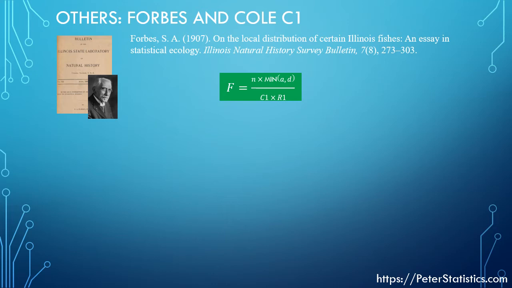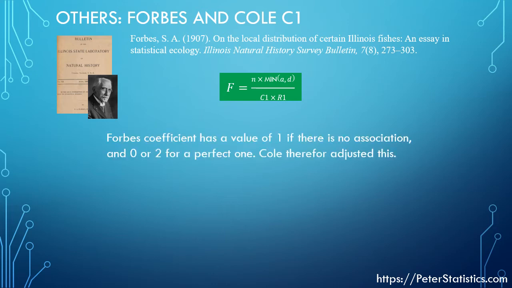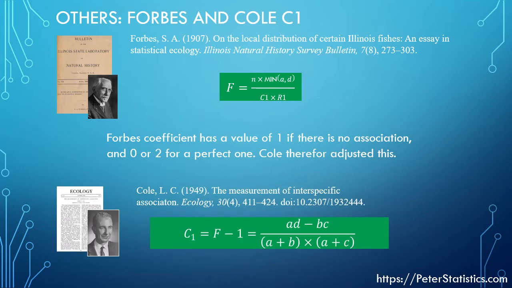And actually that's just if it's A; if it's D, it's C2 and R2. Now, this value is 1 if there's no association, 0 for a perfect negative one, and 2 for a perfect positive one. So Cole therefore adjusts this simply by subtracting 1, and then it can be rewritten in the format you see over here. So that's Cole's C1.